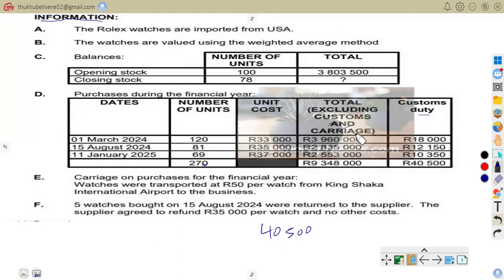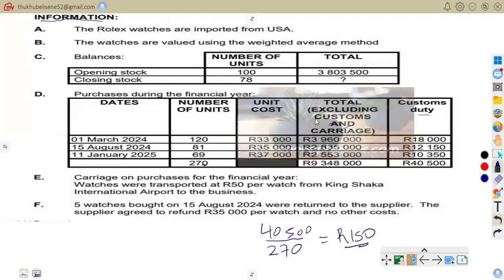We are not going to use that because the question wants us to calculate custom duty paid per watch. So it means you're going to look at only the amount for custom duty divided by the number of units. Meaning to say we're going to say 40,500 divided by 270, of which when you divide that, you're going to get 150. So 150, that is a custom duty paid per watch.